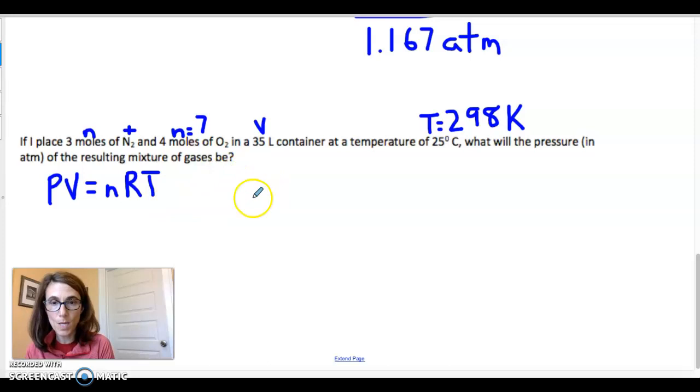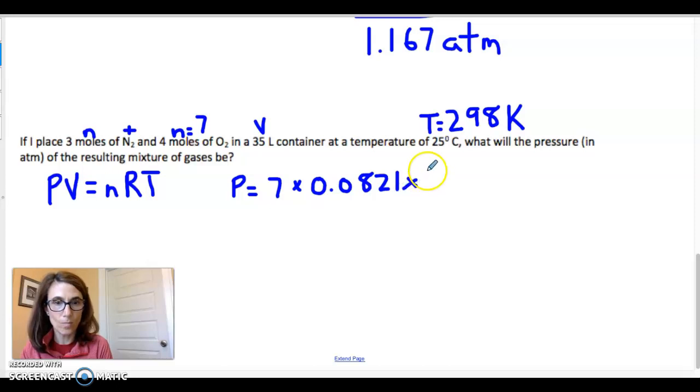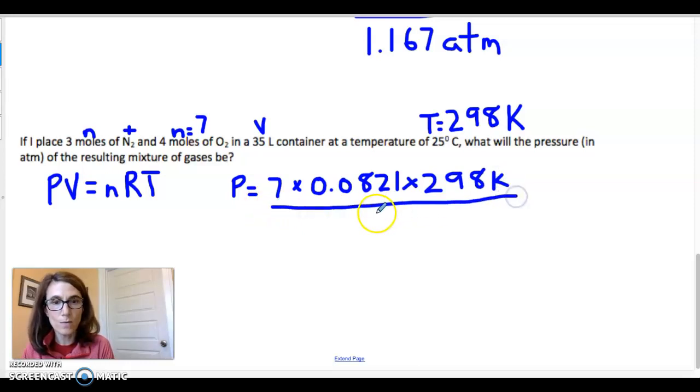We're solving for P in atm, so we're going to choose the right R value. Then we have 7 times 0.0821 times 298 K, and then we're going to divide by our volume, which is 35.